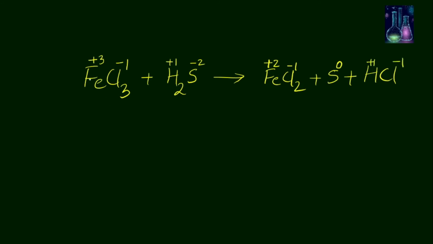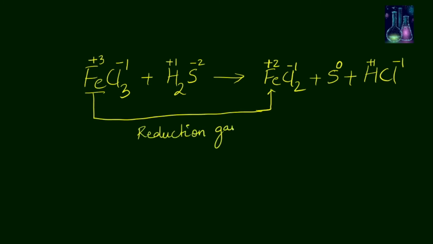Now you see Fe has changed its oxidation state from +3 to +2. That means it is undergoing reduction, gain of electron.